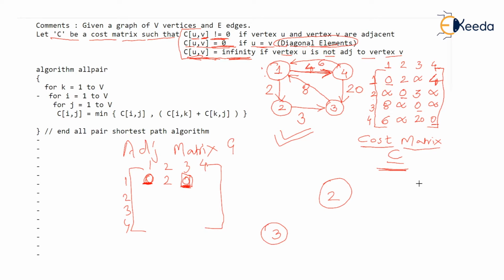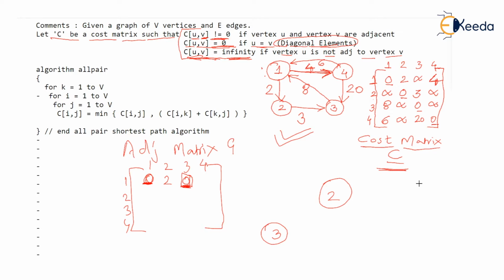And if you are asked, what is the cost of going from 2 to 3? Now your answer should be they are not connected. Directly they are not connected, isn't it? So the cost has to be infinity. Yes, the cost of going from 2 to 3 is infinity right now. So row 2 and column 3 of the cost matrix should be stored as infinity.